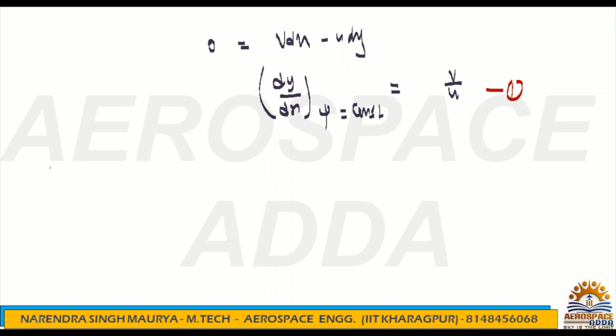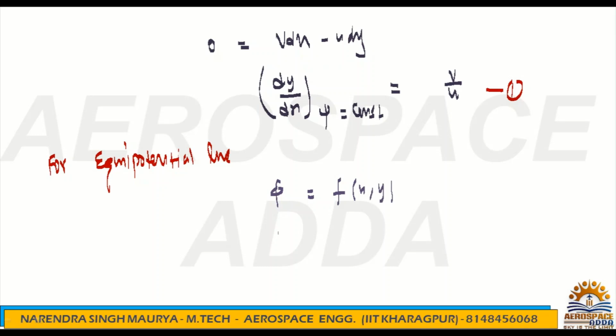Right? Now we'll go for equipotential line. So we can write the potential function phi as a function of x comma y. What is d phi? It's dou phi by dou x dx plus dou phi by dou y dy.